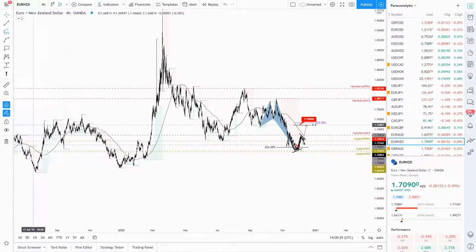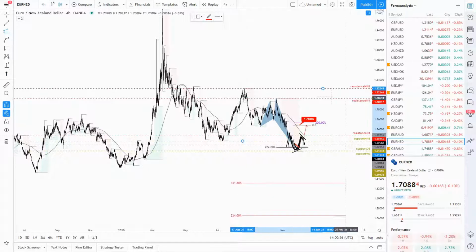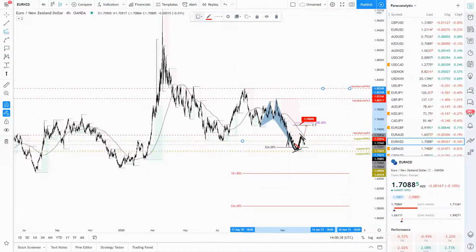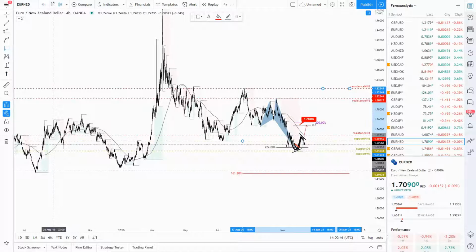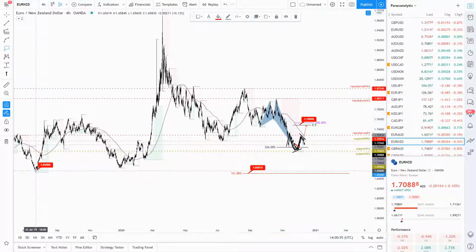One of them, taking into consideration this very last swing high, an extension of that swing to the 161.8 extension, is projected below the previous structural lows from 2019. So this is the first one that I will pay attention to.